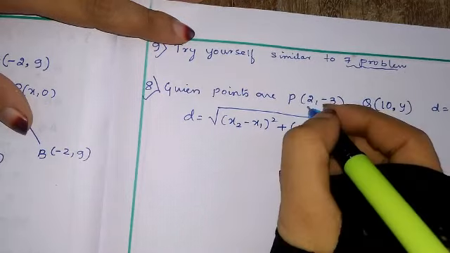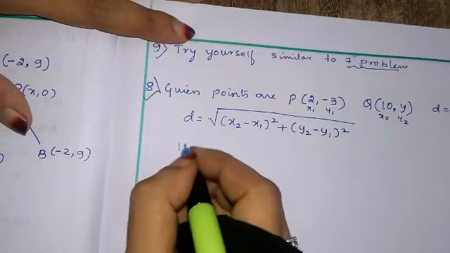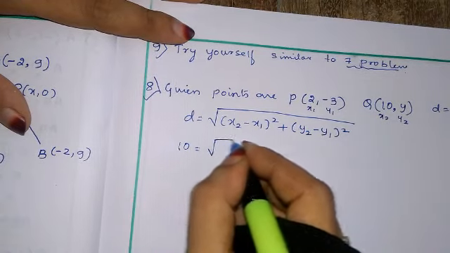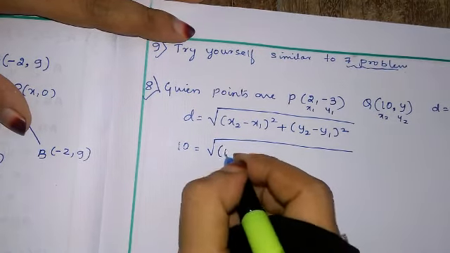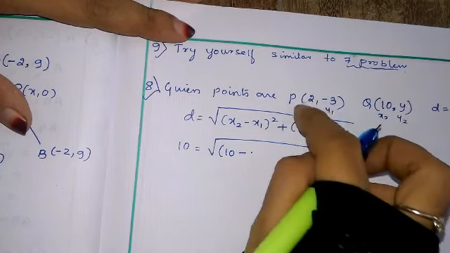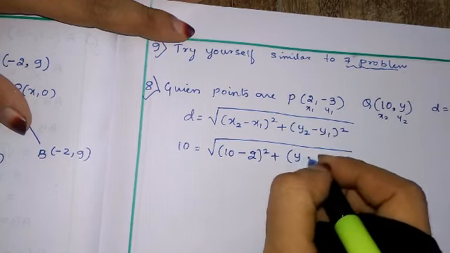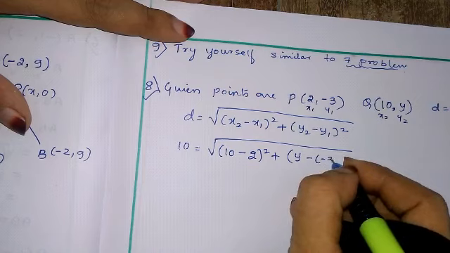So this point is x1, y1. This is x2, y2. D they have given 10 is equals to root of (x2 is 10 minus x1, 2) whole square plus (y2, y minus y1, minus 3). Okay.